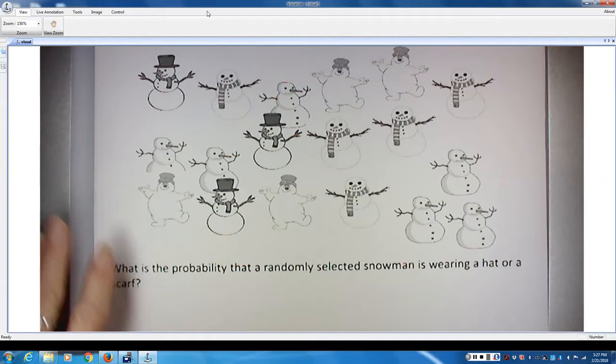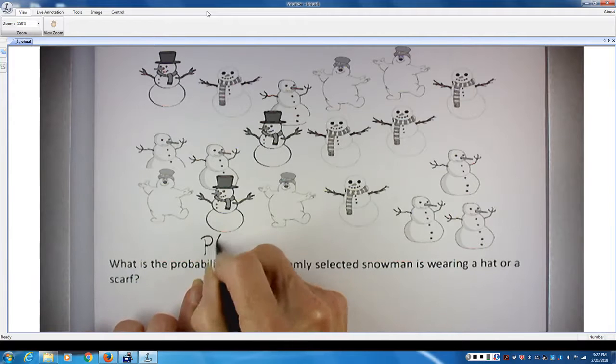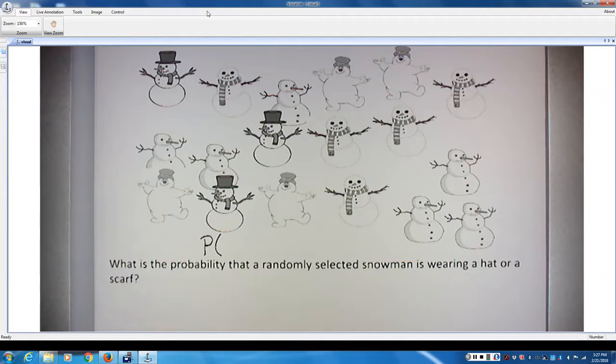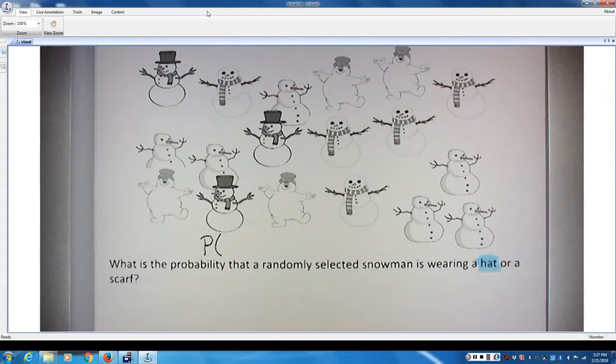So this one is the one you're talking about. This one says what is the probability that a randomly selected snowman, that's going to be P of something, is wearing a hat or a scarf? And that word in there that's very important to you at this moment is the fact that it's or. The snowman doesn't have to be wearing both. The snowman only has to be wearing one or the other.